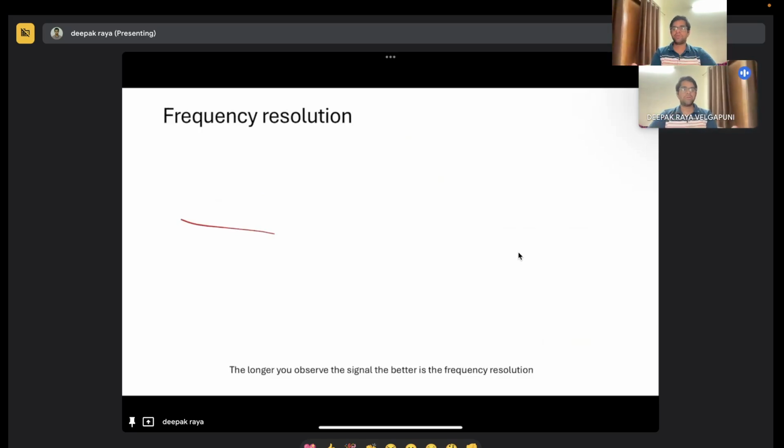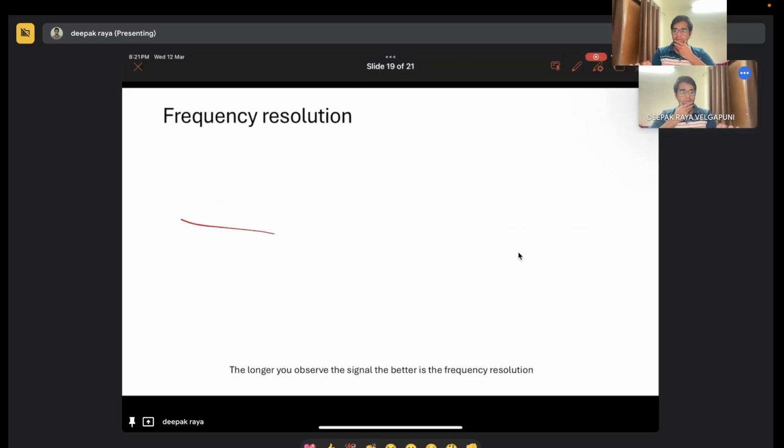So I just want to introduce this concept called frequency resolution. What this means is how well you are able to differentiate between two frequencies for a given signal. So what does it depend on?